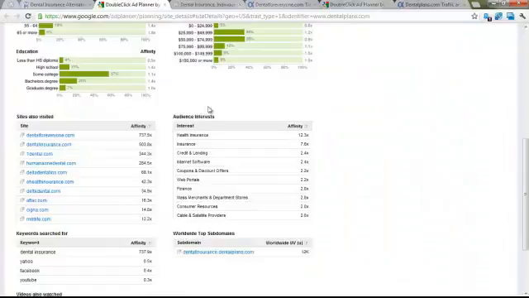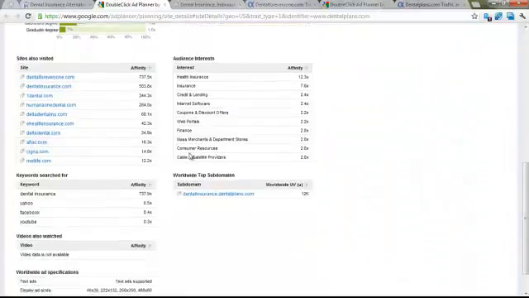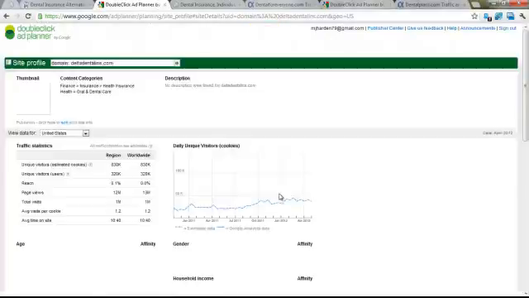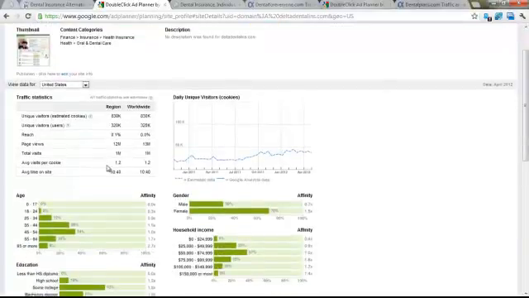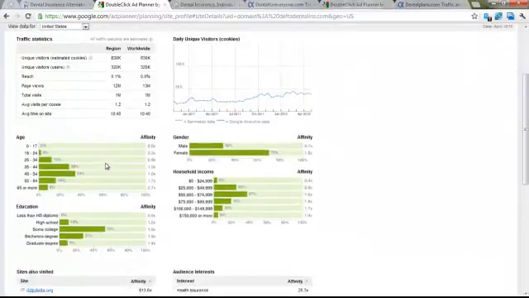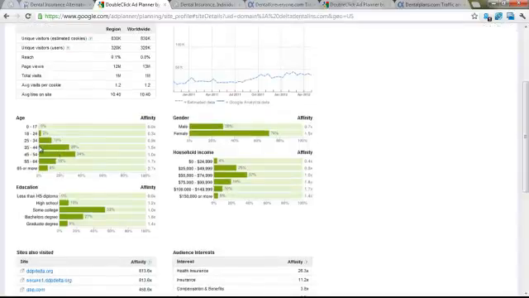Let's go back and let's check out maybe Delta Dental, because that's, like I said, a big office, franchised office. Okay, so 45 to 54, then 35 to 44.